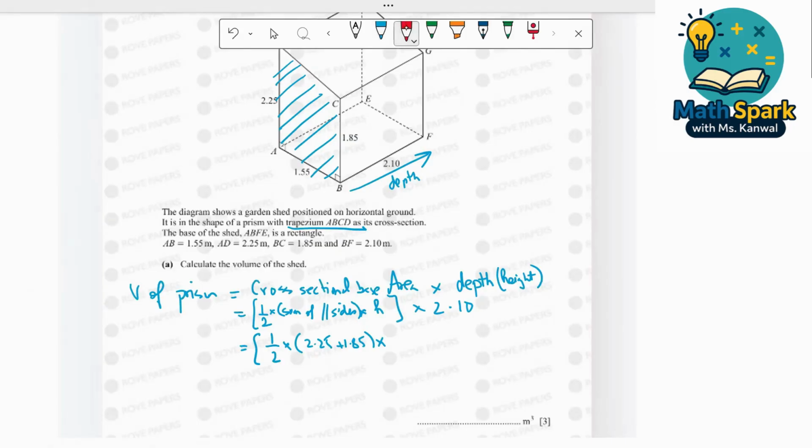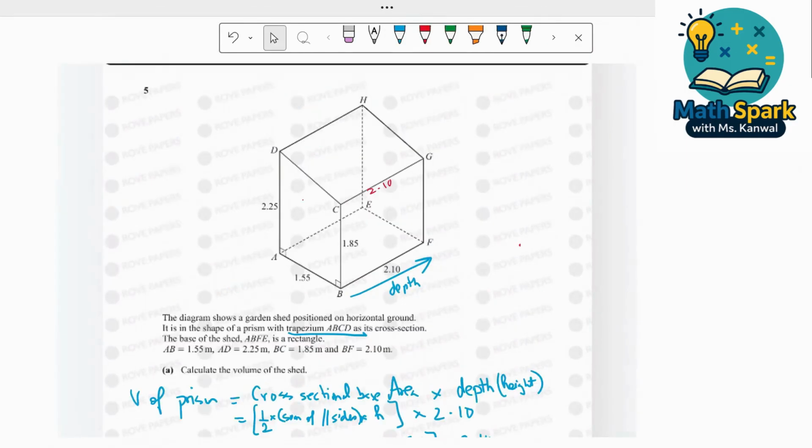Over here, the distance between the two parallel sides is AB. So multiply by 1.55. This is a P2 question, so we can use a calculator to get our answer: 6.67. Let's move to the second part.